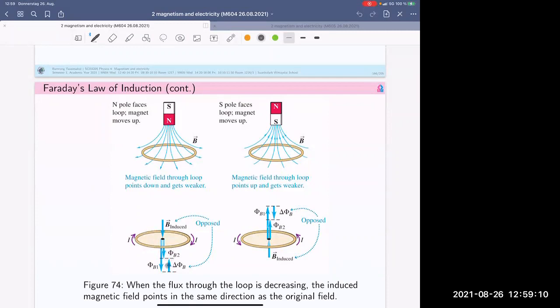He tries to compensate, or to remove or get rid of this flux change, so he has to generate by himself the magnetic field in the opposite direction to this one again, okay. This is upward, so he generates the magnetic flux in the downward direction, with the same length, the same magnitude as the flux change.